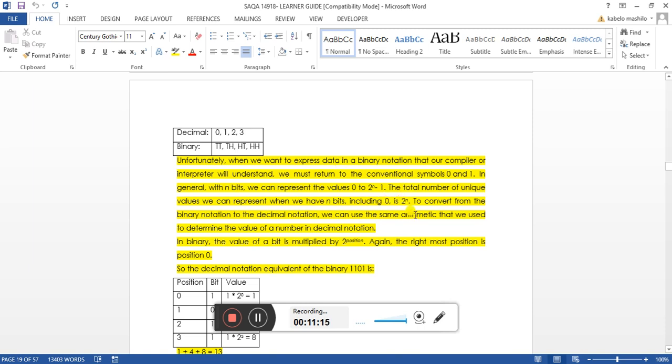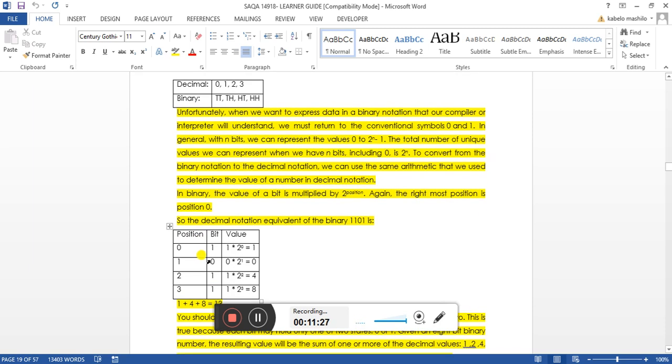To convert from the binary notation to the decimal notation, we can use the same arithmetic that we used to determine the value of a number in decimal notation. In binary, the value of a bit is multiplied by 2 to the power of its position, which is n, and again the rightmost position is position 0.